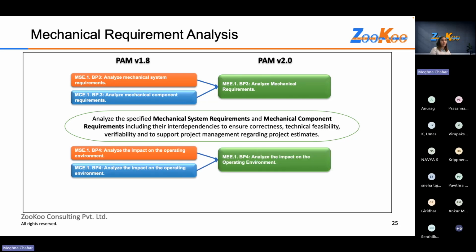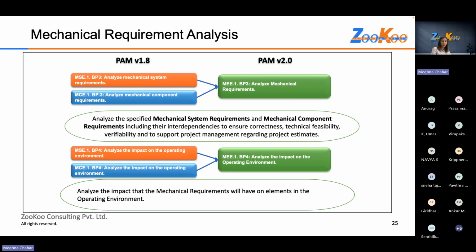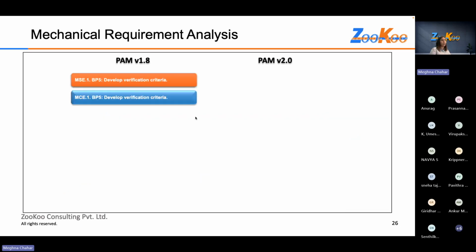Next is analyzing the impact on the operating environment. Here also, nothing removed. They simply combined and said you need to analyze the impact the mechanical requirements will have on the elements in the operating environment. So no change, just combined.